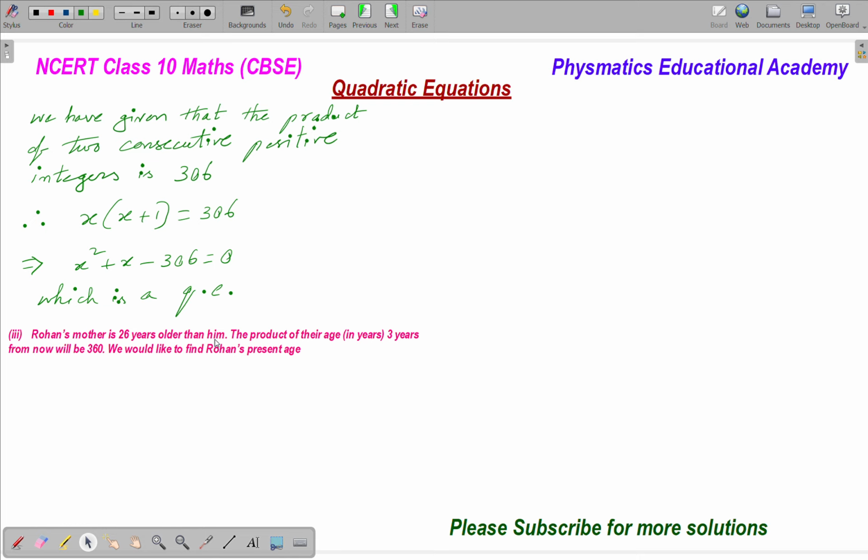The product of their ages in years 3 years from now will be 360. We would like to find out Rohan's present age. Now let us copy this question and solve it. So now coming to the solution.